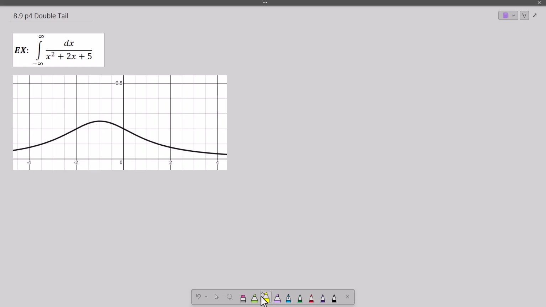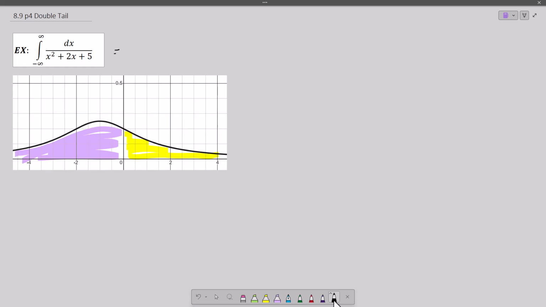The most natural place to separate, of course, is at 0, because if you have 0 as a limit of integration, it's usually better. Does not matter what constant you separate it at. It's just that 0 is easier in the manipulation of an integral. So we have to bust this into 2 integrals.